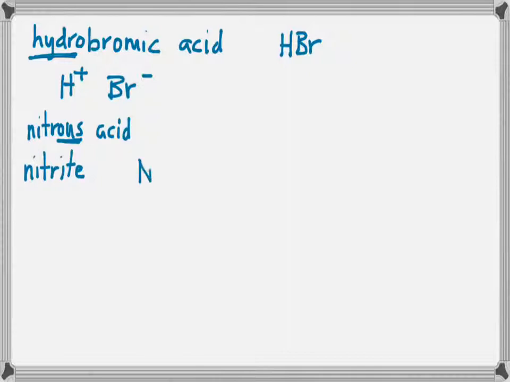So we look that up and it's NO2-. And then we have to put that together with hydrogen ion because that's what acids are. Again, we've got +1, -1, so we can just put them together, HNO2. That's nitrous acid. Nitrous acid and nitric acid are not the same. They're different.